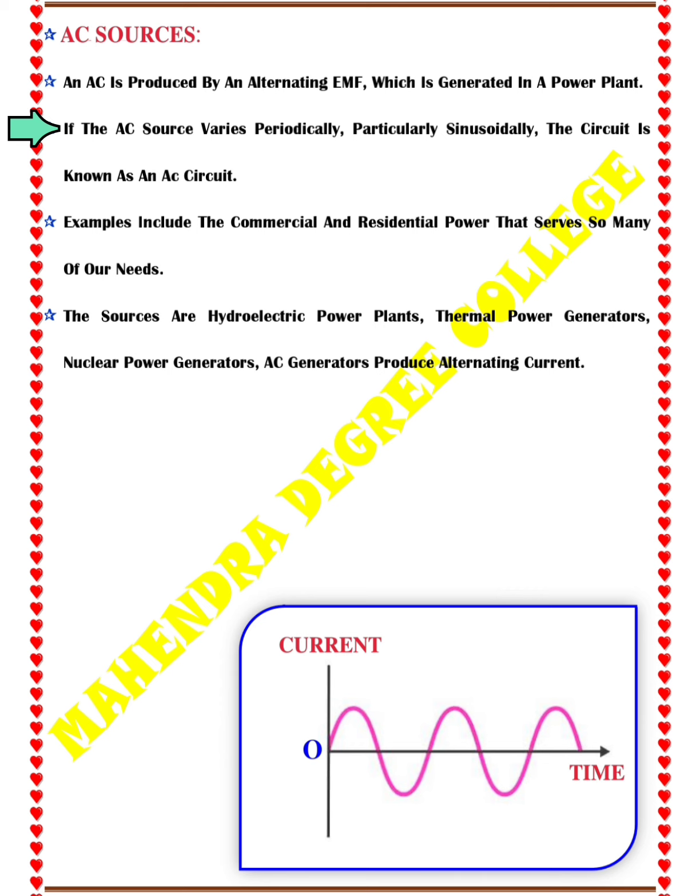A circuit connected to such an AC source that varies sinusoidally or periodically is called an AC circuit. These circuits are analyzed differently from DC circuits due to the changing current and voltage.